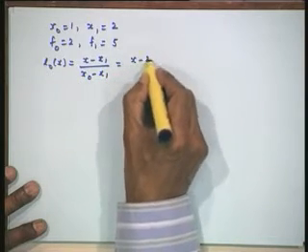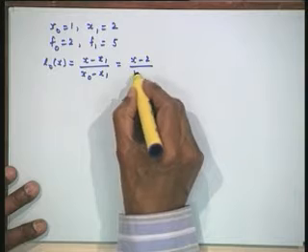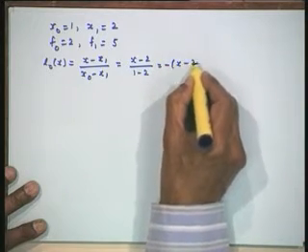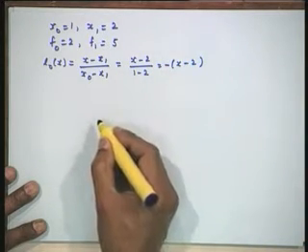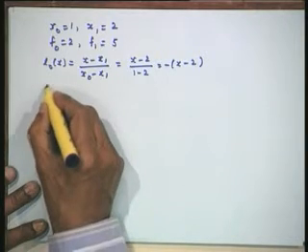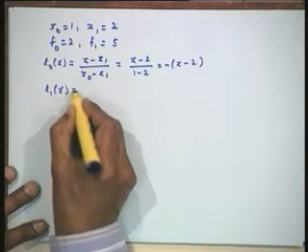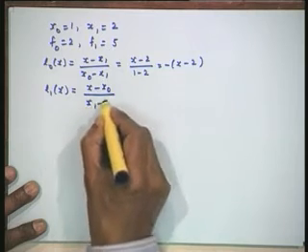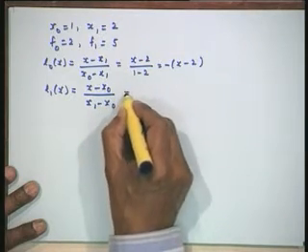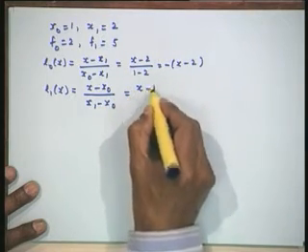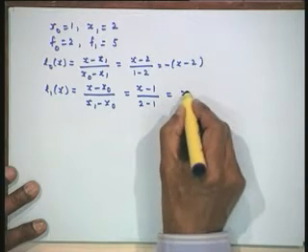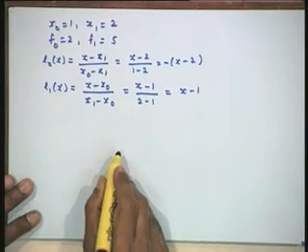So, this is x minus 2 divided by 1 minus 2, that will be minus of x minus 2. L 1 x is x minus x 0 divided by x 1 minus x 0. So, that is x minus 1 divided by 2 minus 1, that is equal to x minus 1.